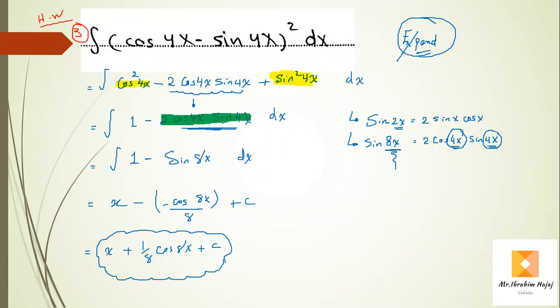So I replace the 2 cosine 4x sine 4x by sine 8x and integrate normally. Integral of 1 is x. Integral of sine 8x is negative cosine 8x over 8. Negative, positive, and this is your final answer.